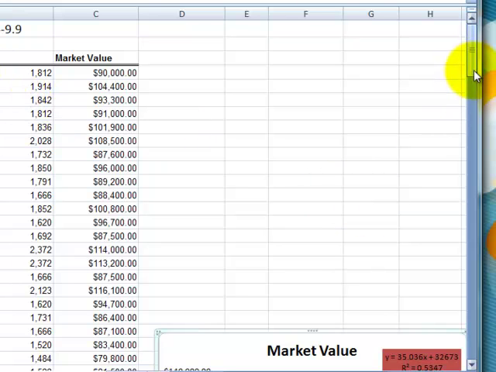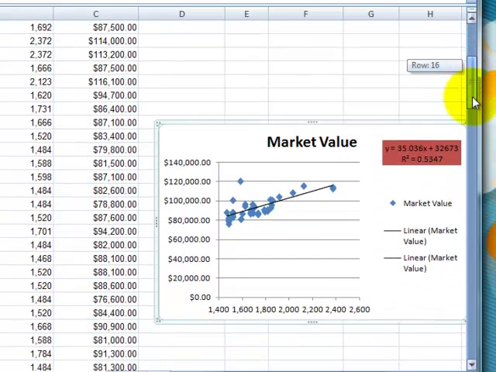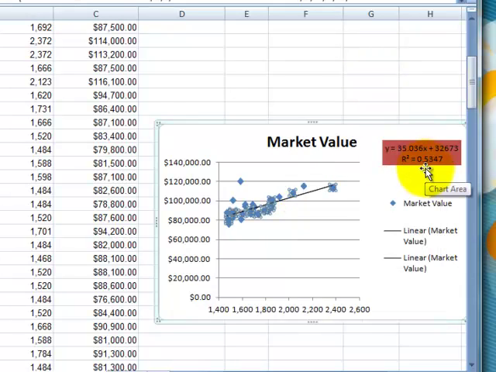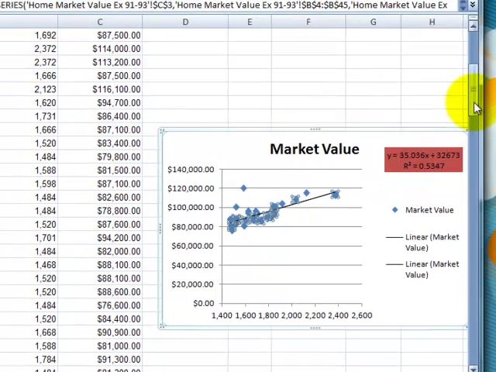So we made a scatter plot, as you remember in our last lesson, of all our market value. We graphed our square footage here and our home value here, and we clicked on one of these to add a trend line. We got a best fit linear trend line, and we got this equation and this R squared.